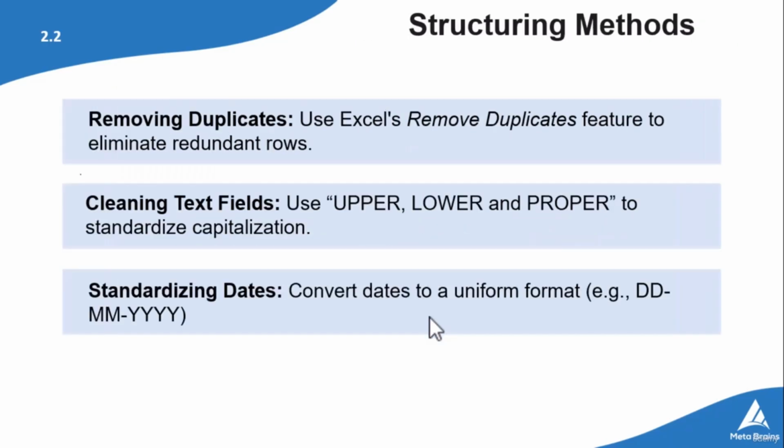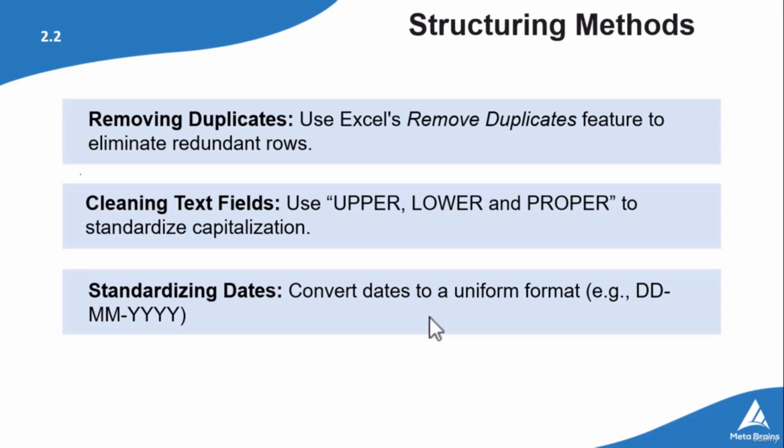Removing duplicates is a critical first step. Excel's built-in Remove Duplicates feature makes it easy to identify and eliminate redundant rows. This is especially important for ensuring that metrics like revenue or customer count reflect reality. Cleaning text fields is another essential task. Using Excel functions like TRIM, you can remove unwanted spaces.